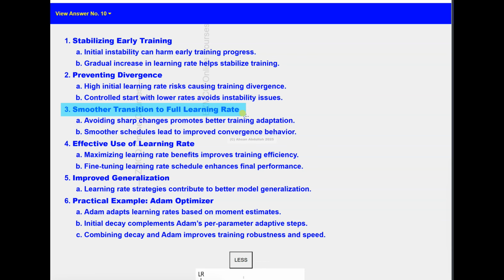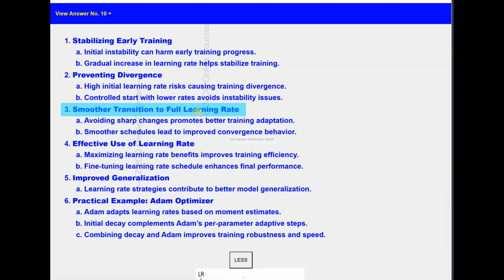Now what happens is that when there is a warm up phase, it creates a gradual and controlled shift to the full learning rate instead of jumping to it. Obviously this avoids sudden jumps, because those jumps might disrupt the optimization process.